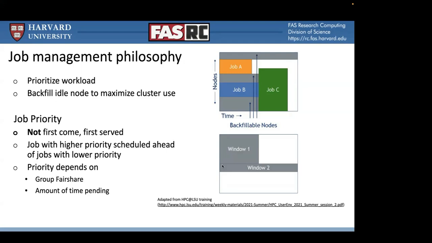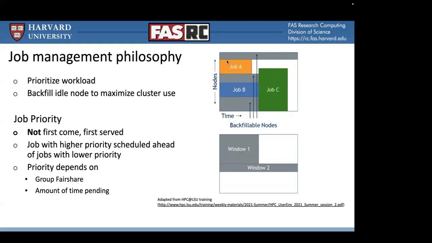Here in this picture you can see with these nodes, time is this way, and these are a number of nodes. Job C is a really big job. It doesn't necessarily require the full amount of time, but it does require a lot of nodes, which means all of those nodes have to be available at the same time for job C to run.